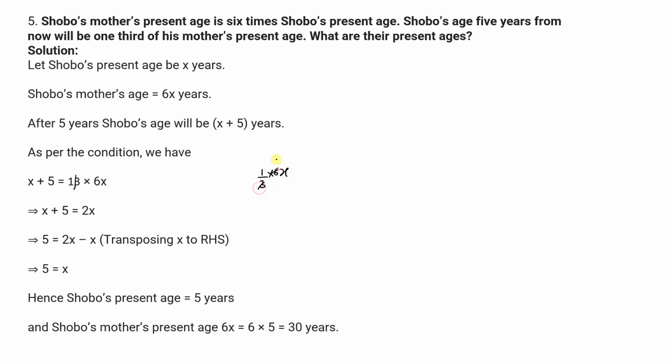So 3 ones are 3, 3 twos are 6, you will get 2x. So it will be 1/3 of his mother's present age.